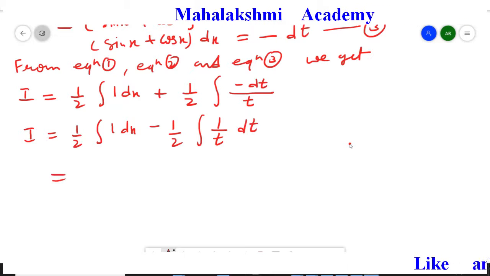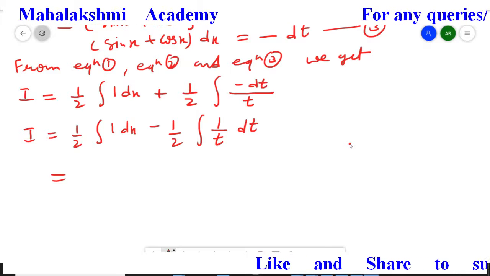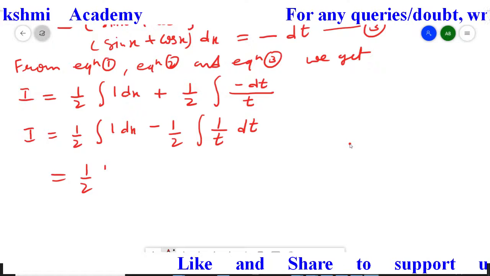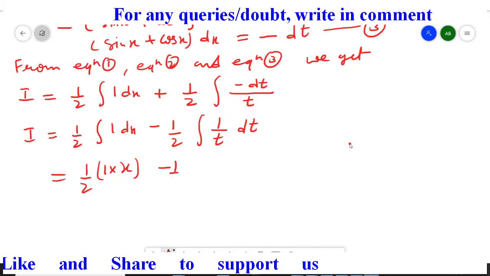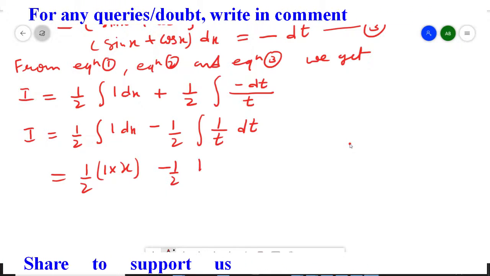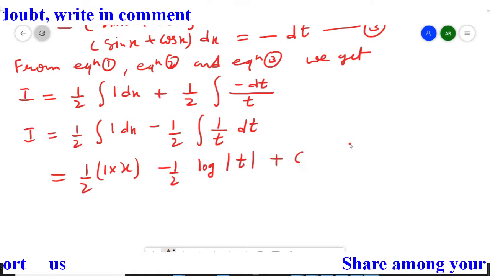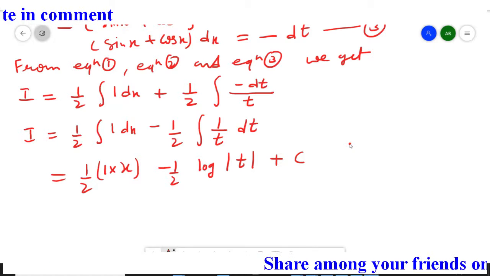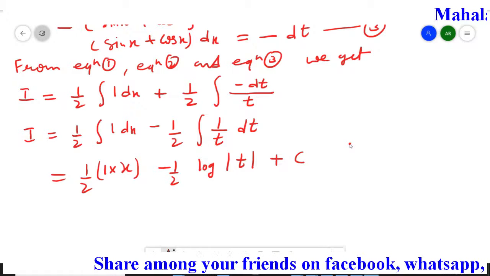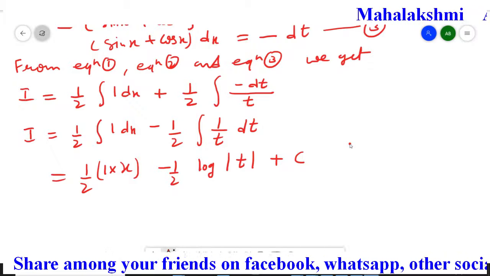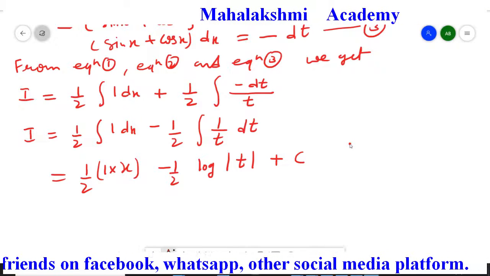Since in this integration we are integrating with respect to x, integration of 1 is going to be 1 multiplied by x, and here this minus half as it is, and integration of 1 upon t is going to be log mod t, then plus integration constant. I hope it's clear to you. Directly I use the formula, and here since we are integrating with respect to x, 1 multiplied by x came, and we are integrating with respect to t, so it's going to be log mod t plus c.